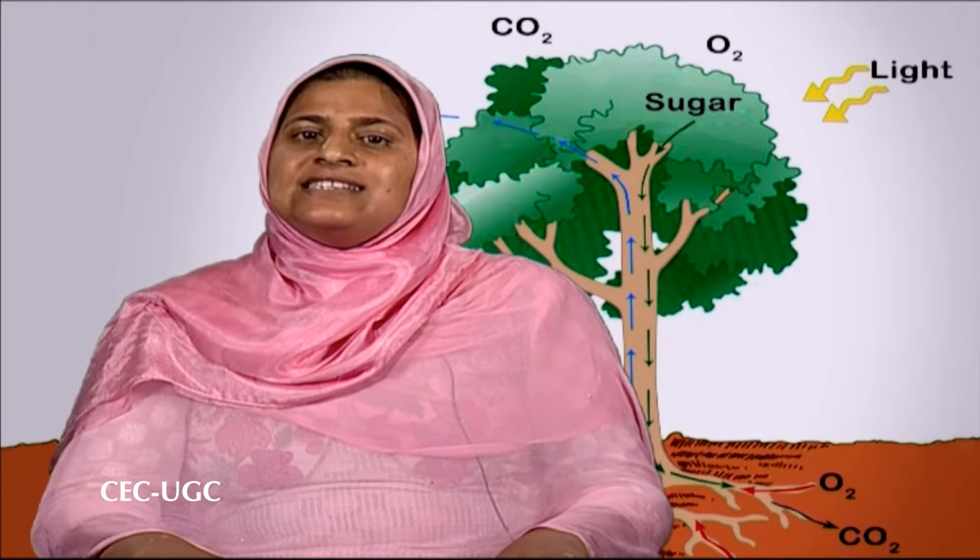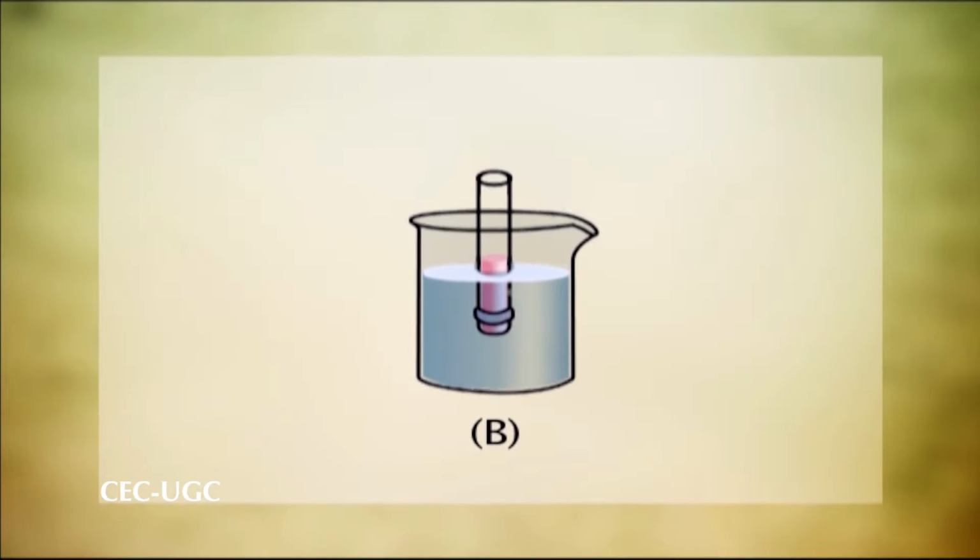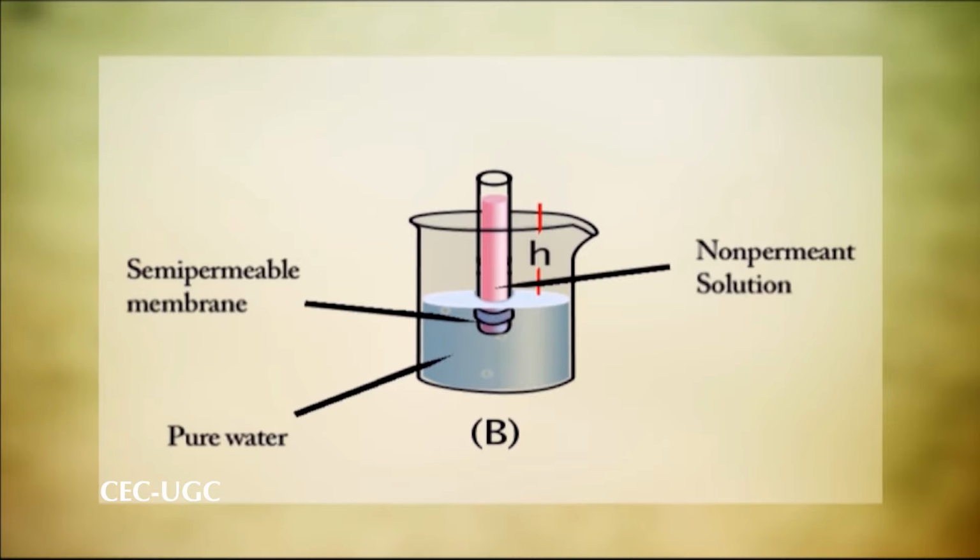B represents the final state. Water has moved into the solution of the non-permeant compound, diluting it and raising the column of water within the tube. At equilibrium, the force of gravity operating on the solution in the tube exactly balances the tendency of water to move into the tube where its concentration is lower.